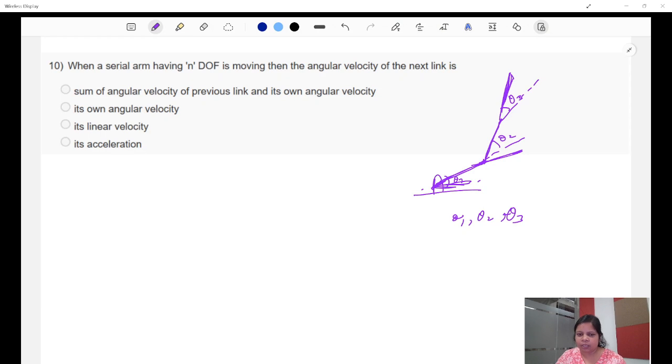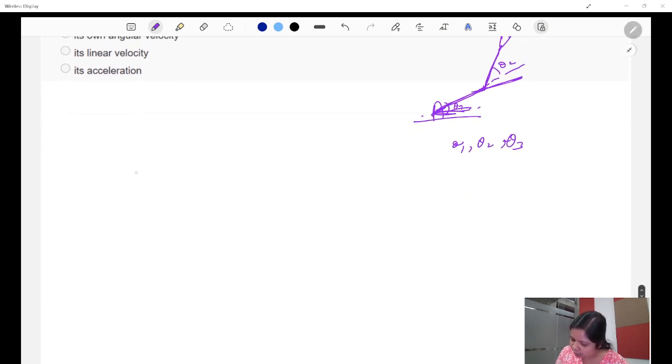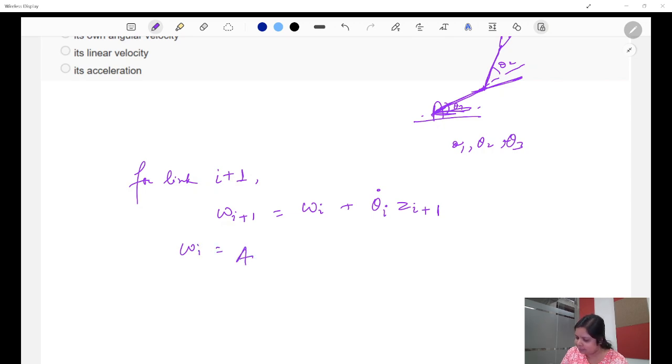adding to the existing velocity from the previous link. Okay, so what we can write for link i plus 1 is omega i plus 1 is omega i, which is from the previous link, plus theta dot i plus 1 into z i plus 1. What are these things? Omega i is basically the angular velocity of the previous link.